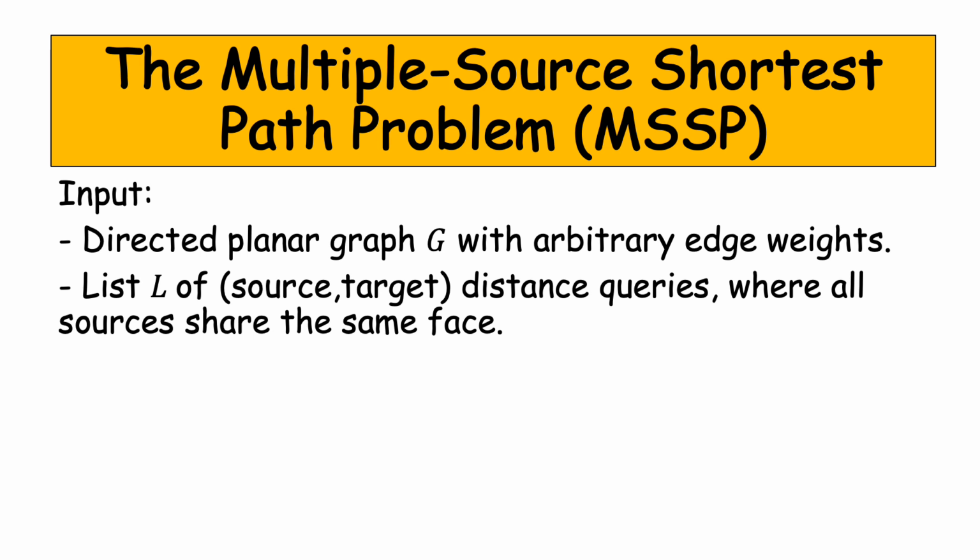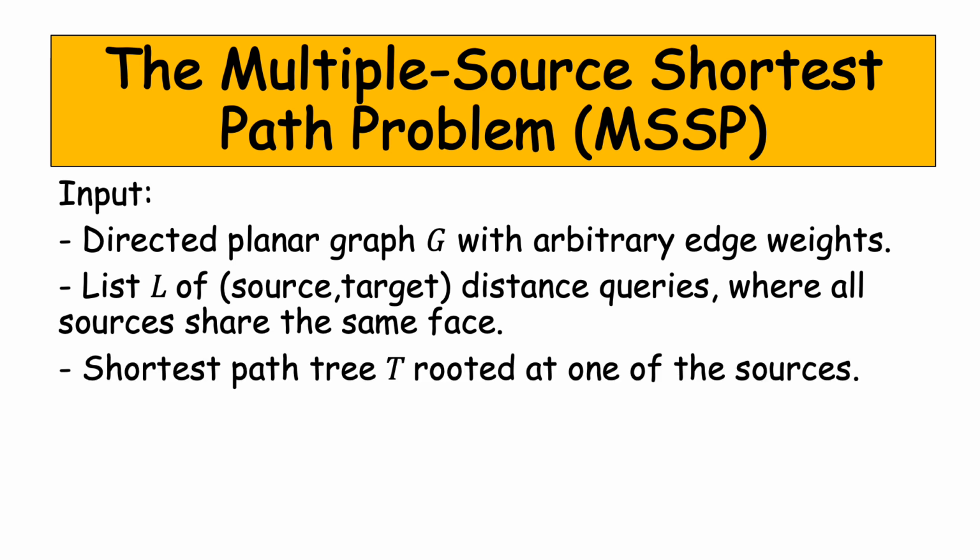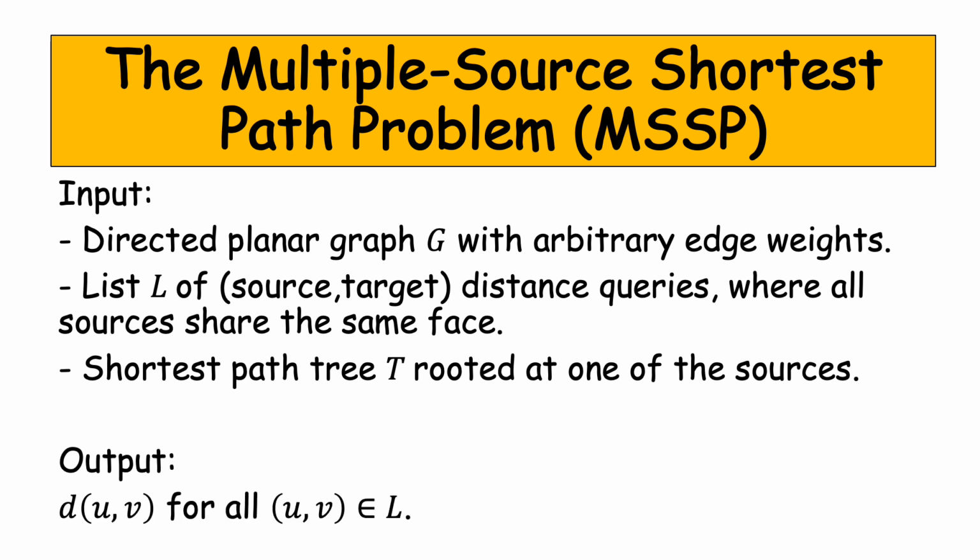So we are restricted to distance queries such that all the sources share the same face. And I also assume that we are given a shortest path tree rooted at one of the sources. And our goal is to compute those distances. For all source target pairs in the list, we want to compute the distance from the source to the target.